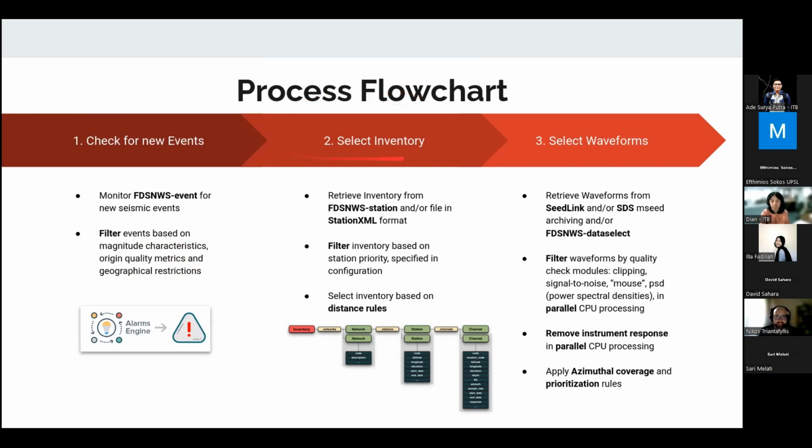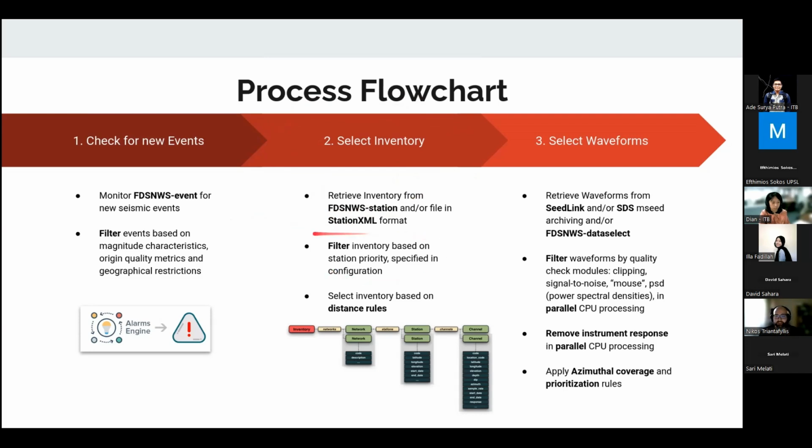Then the second phase is to select the inventory. There are various options to retrieve this kind of information. Again, the most popular is FDSN-WS station, but you can also provide a StationXML file with your inventory as you like.